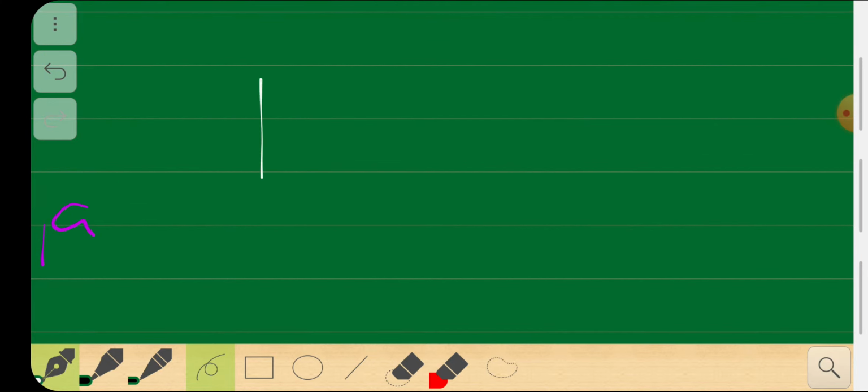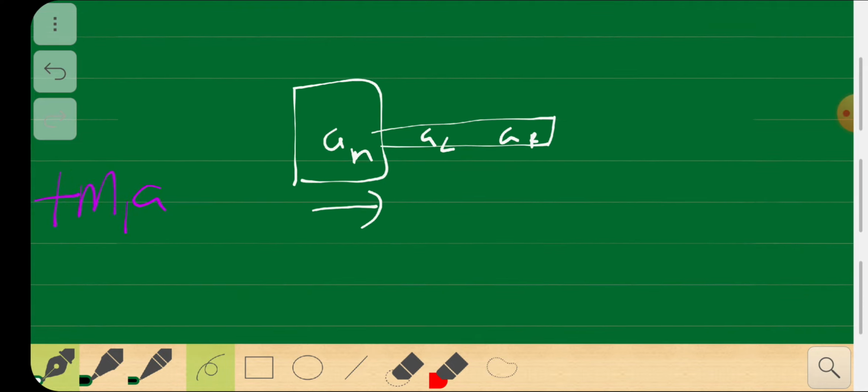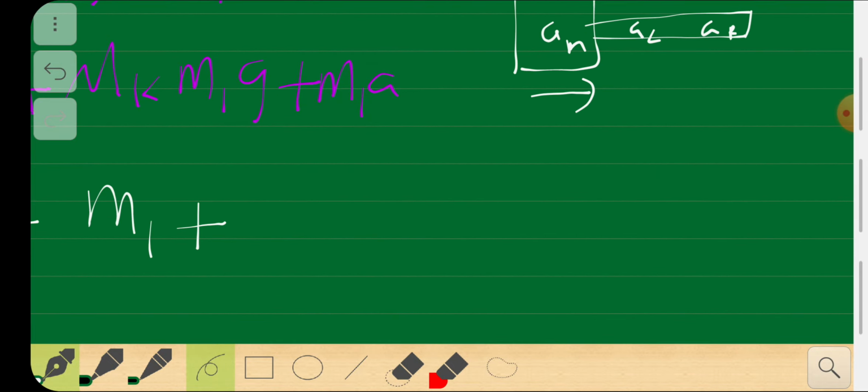If you see, this mass is attached to this string, right? So whatever the acceleration it has, whether it is a of the left part or a of the right part, it will all be the same because they are all attached together. So a left and a right and a will always be the same.